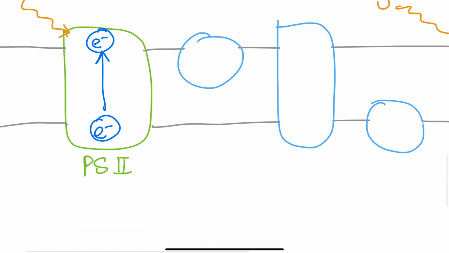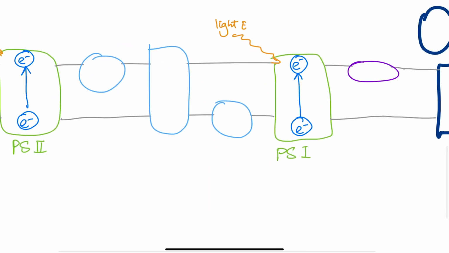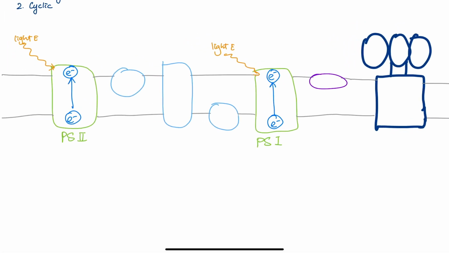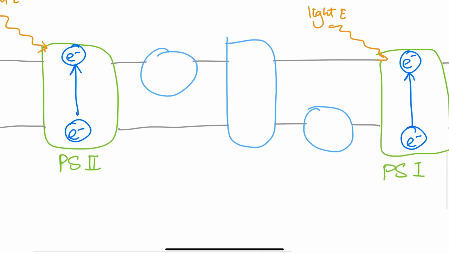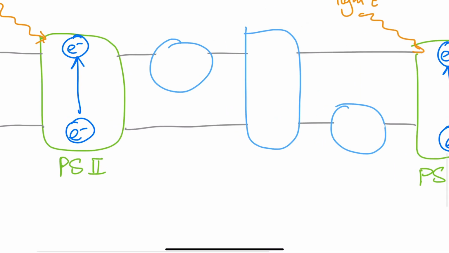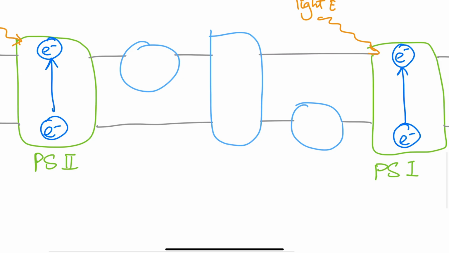Okay, so now what happens is I'm going to shift electrons down the electron transport molecules, or electron carriers. For the electron that I've excited in photosystem 2, it's gonna get passed down.